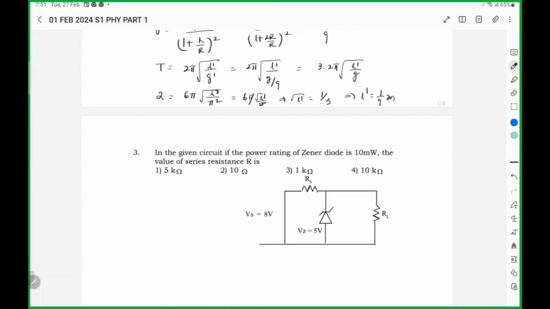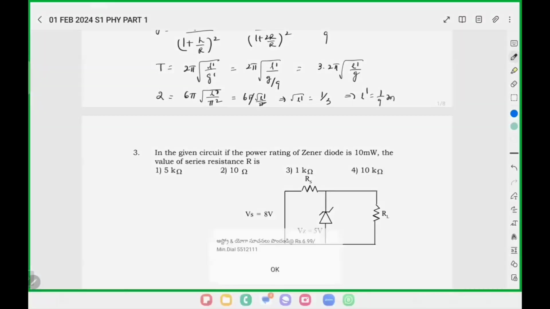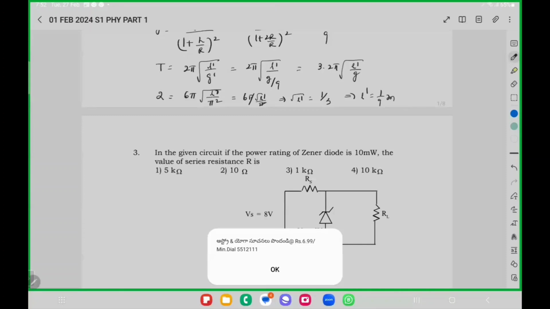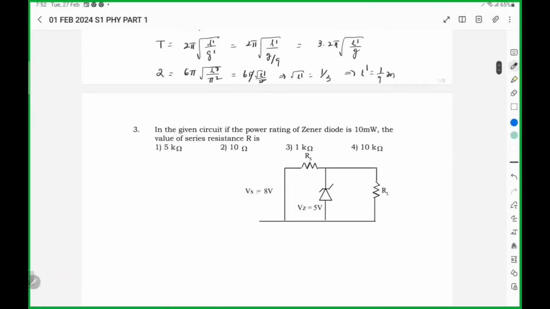In the given circuit, here is a problem related to the Zener diode. This is the supplied voltage. This is the breakdown voltage. The Zener diode works in both directions, forward as well as reverse.